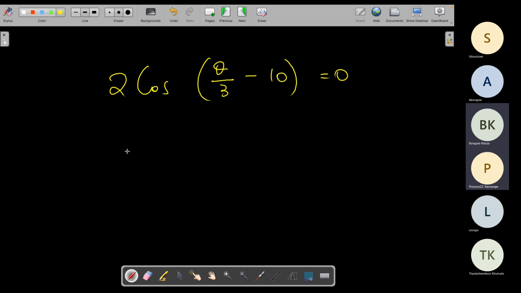Same thing we've been doing when solving for x. We take the final answer, put it back, go question straight.